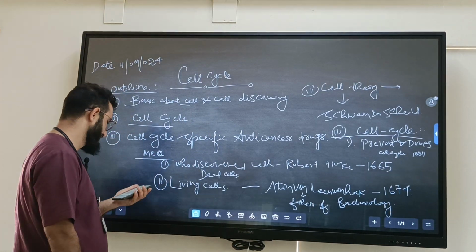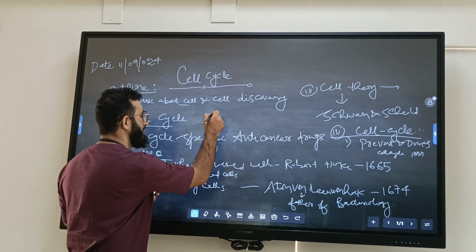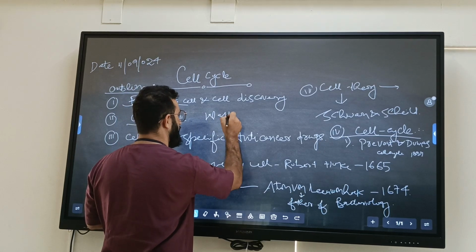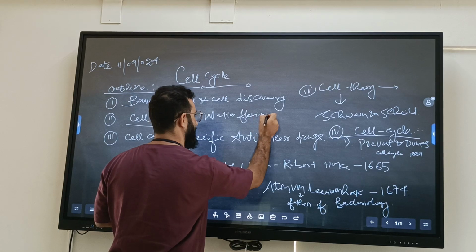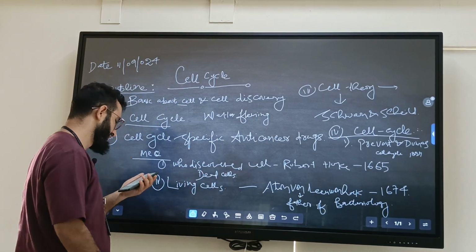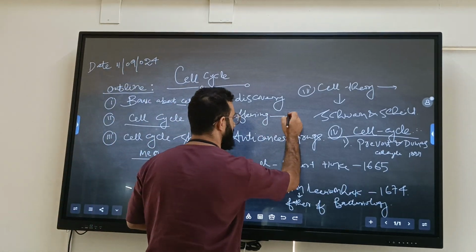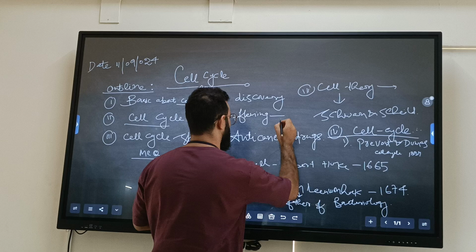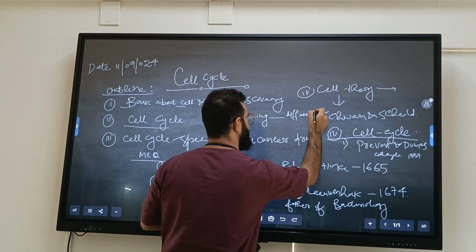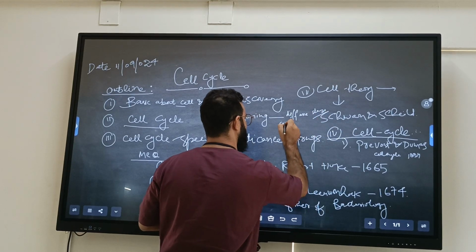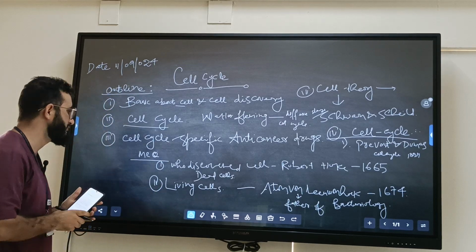But Walter Fleming, he was the first person to draw the different stages of the cell cycle. So these are some important MCQs.